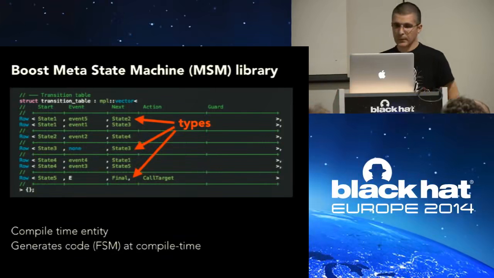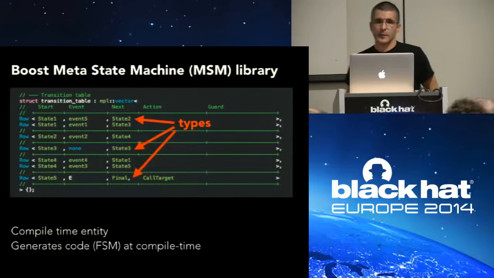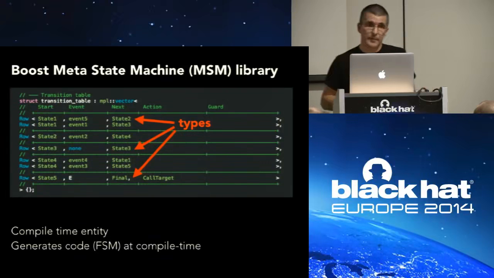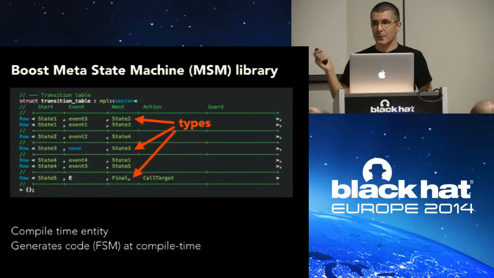What is interesting is that using this kind of construction with an MPL vector, I'm just declaring the state table of my finite state machine, and the compiler will generate a finite state machine at compile time. It's a vector, but it's not a runtime vector. It's a compile-time vector.